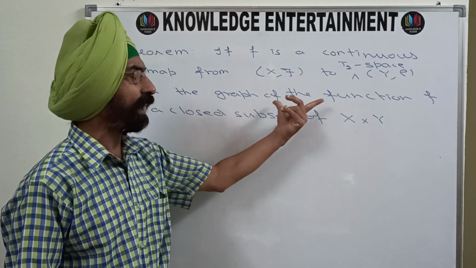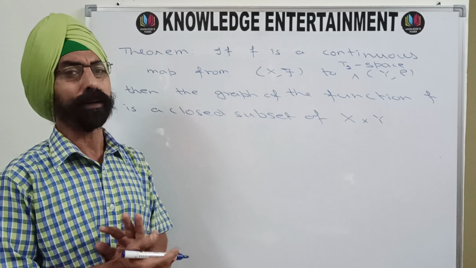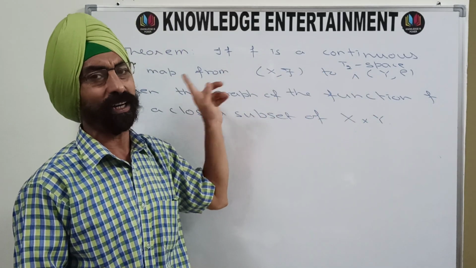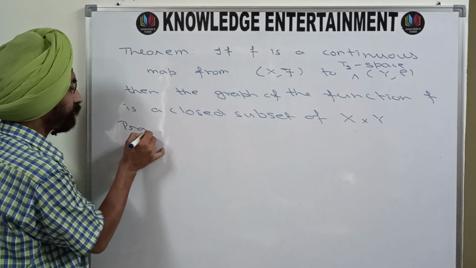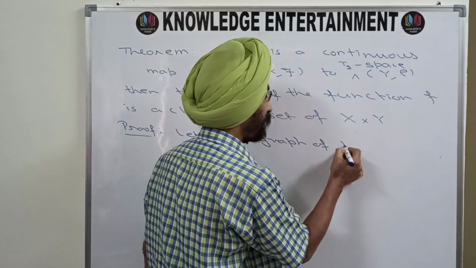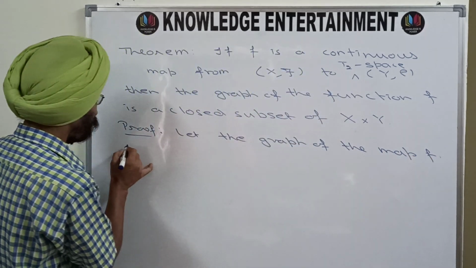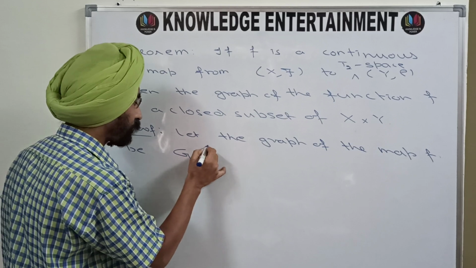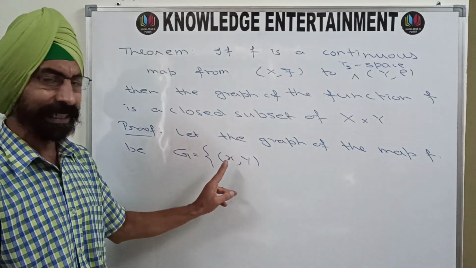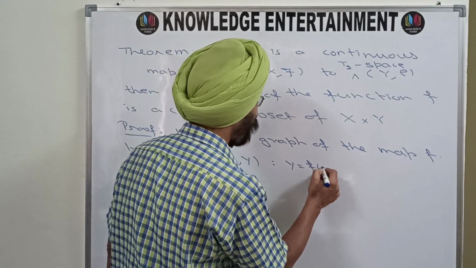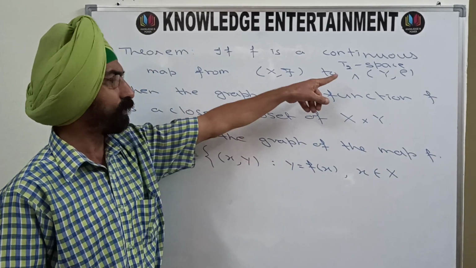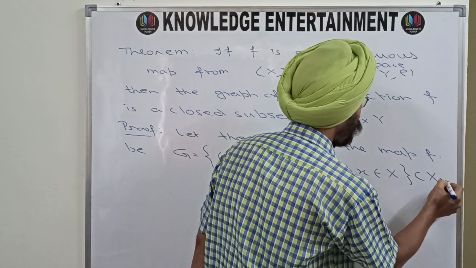We are talking about the graph of the function, and the graph of the function consists of doublets, where the first coordinate is coming from the set X, the second one is coming from the set Y, and Y is the image of X. Let the graph of the map f, which I am denoting by G. G consists of the points of the type (x, y), where y is equal to f(x) and x is coming from X. When x is coming from X and y is f(x), obviously y is coming from the set Y. So this is a subset of X cross Y.